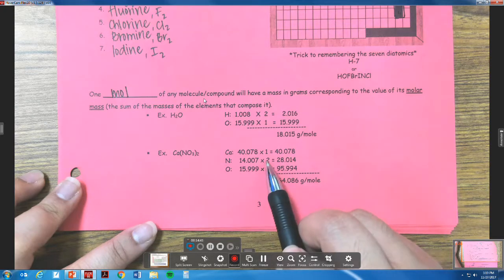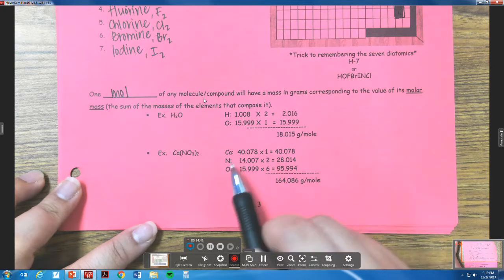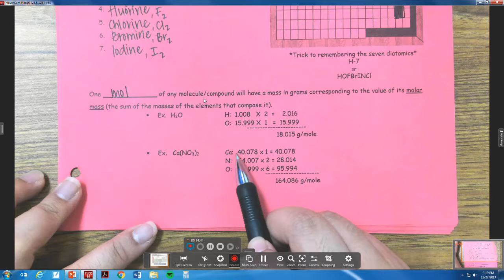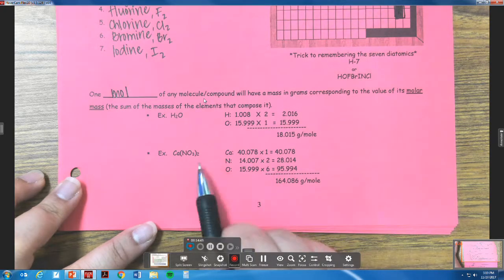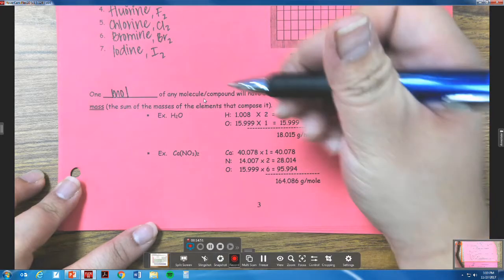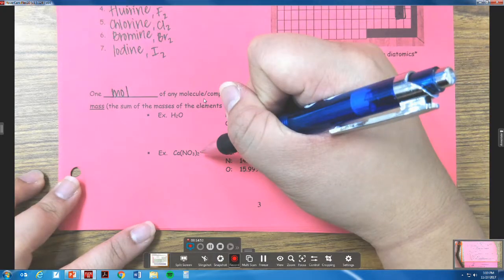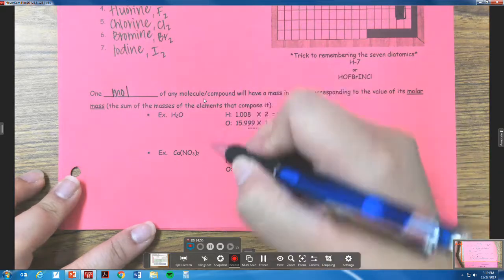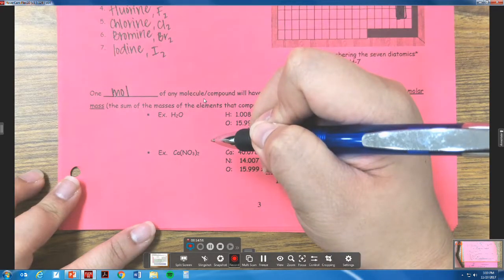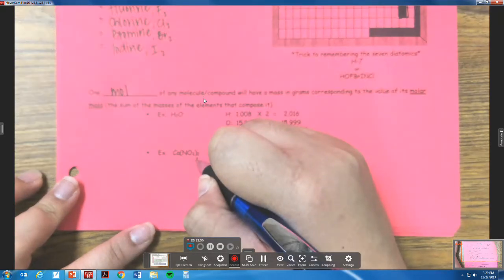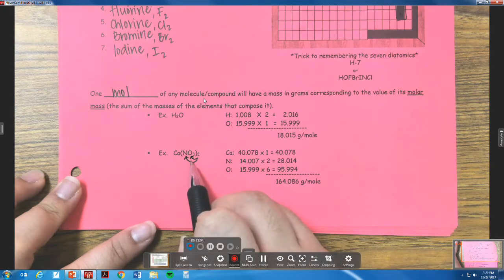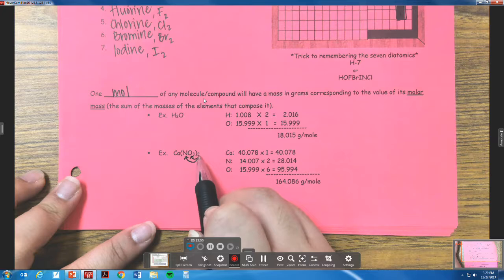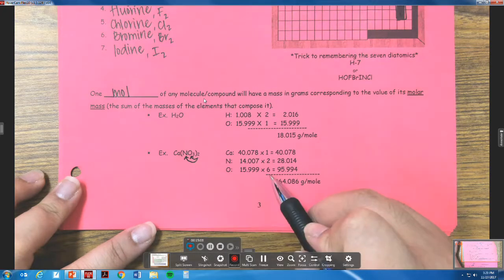Then we're going to multiply that again by how many calciums we have. We only have 1 calcium. We have 2 nitrogens. If you have a subscript outside of your parentheses, then you're going to have to distribute that 2 into the parentheses. So that means we have 2 nitrogens and 6 oxygens.